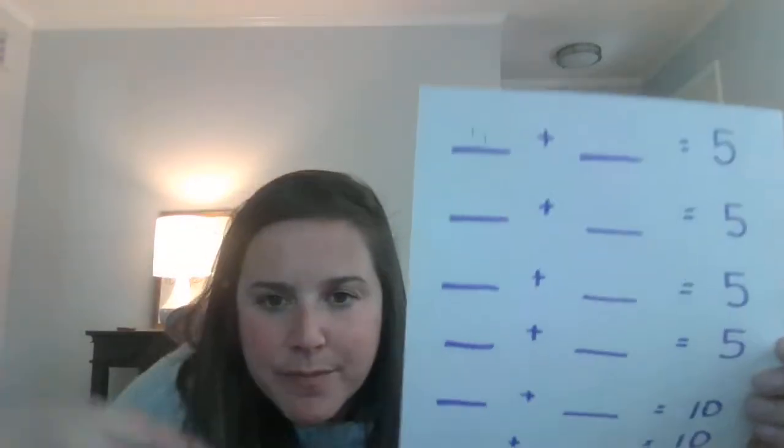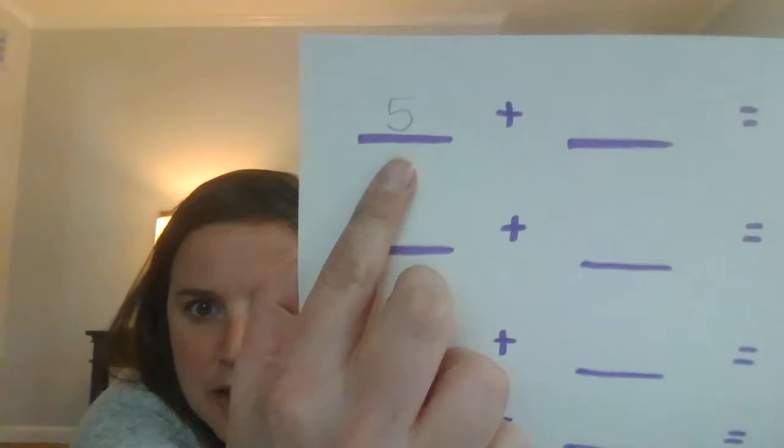So if I were going to write this on my paper, I would write, okay, how many did I start with? I started with 5. I wrote 5 with my pencil. Plus, how many more did I need to make 5? 0.